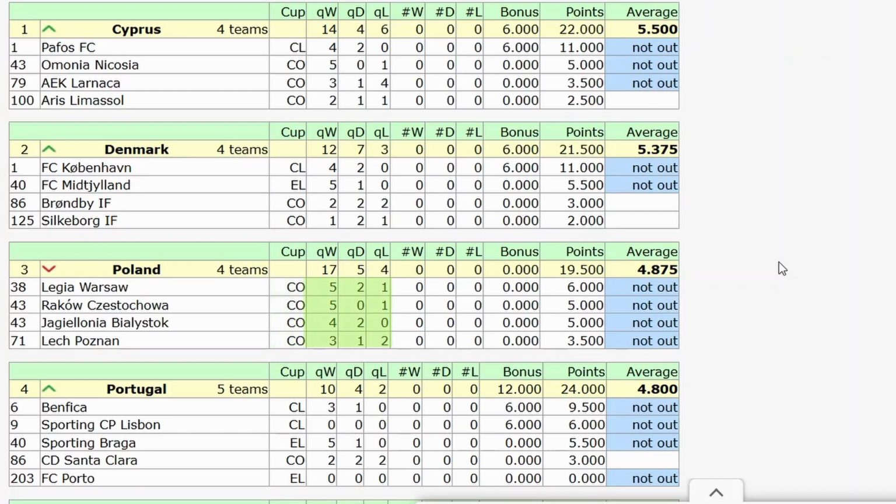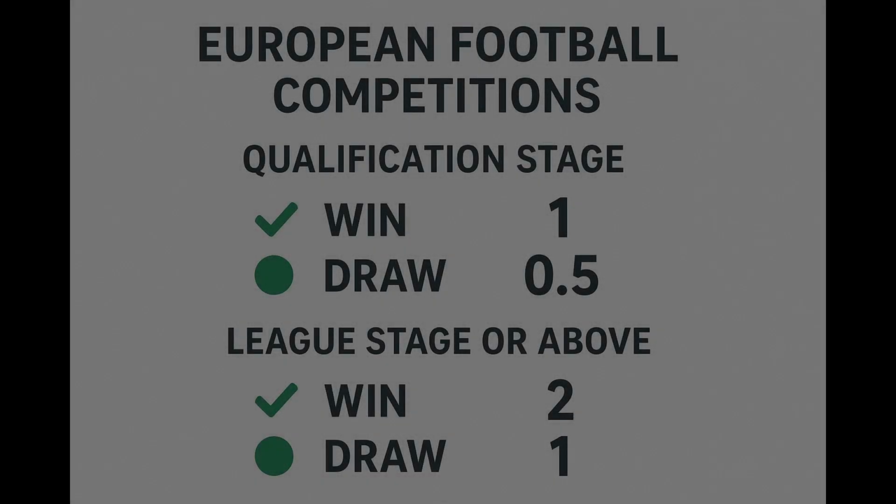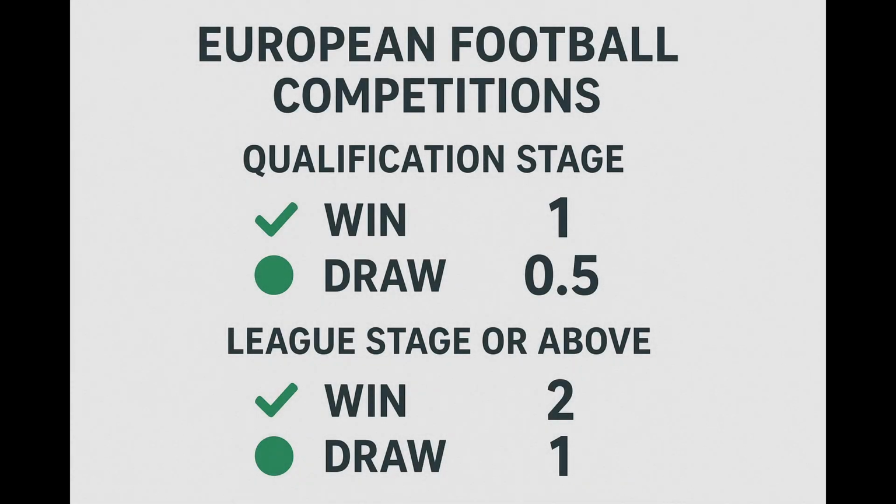The next 3 columns represent wins, draws and losses in qualification, and the next 3 columns represent wins, draws and losses from the league stages and above. The qualification wins are worth 1 point contribution and the draws are worth half a point. For the league stages and above, this is multiplied by 2 to end up with 2 points for a win and 1 point for a draw.